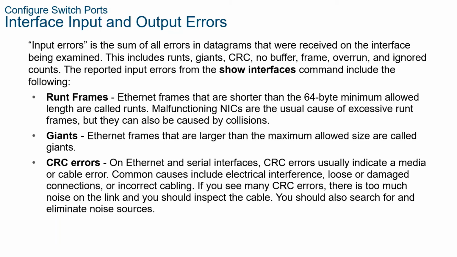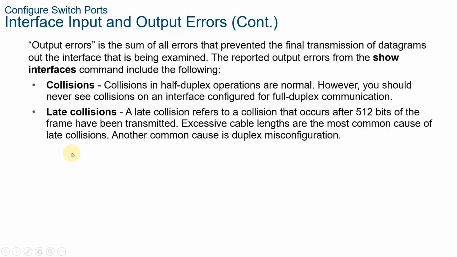The reported input errors from the show interface command include the following: runt frames, giants, and CRC, as explained earlier. Now, output errors is the sum of all the errors that prevented the final transmission of datagrams out the interface that is being examined. The reported output errors from the show interface command include the following. You've got collisions and late collisions.